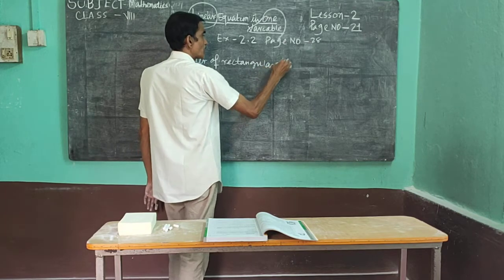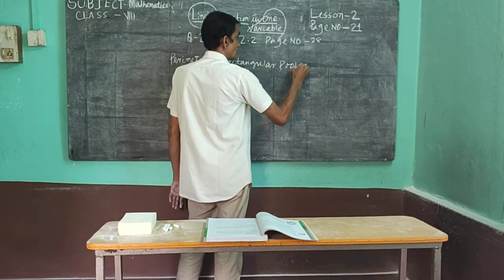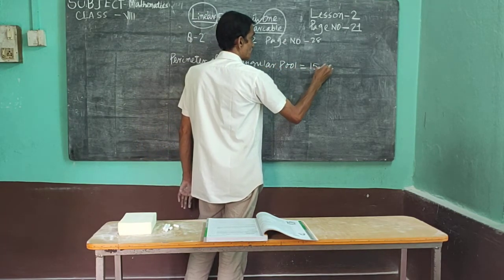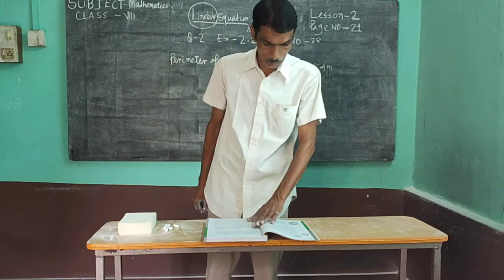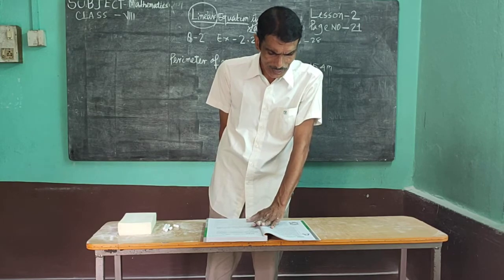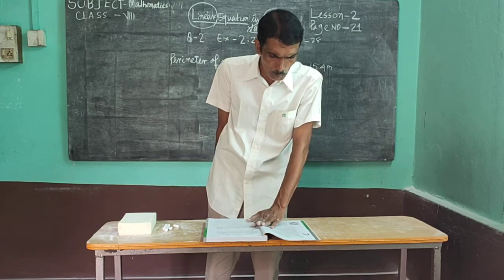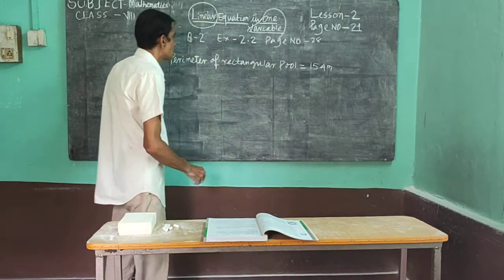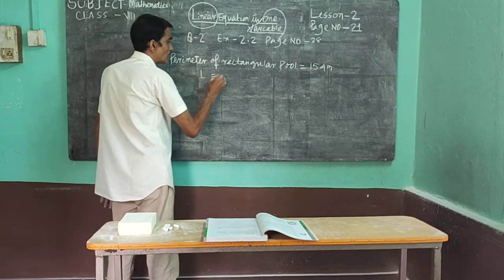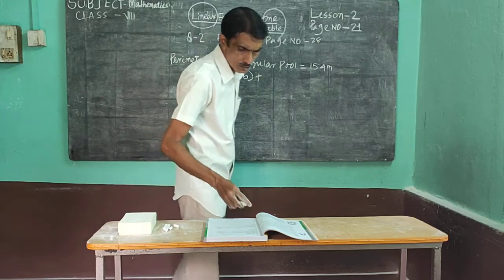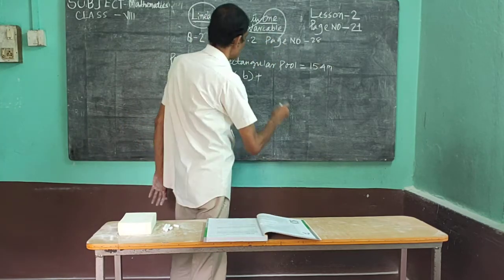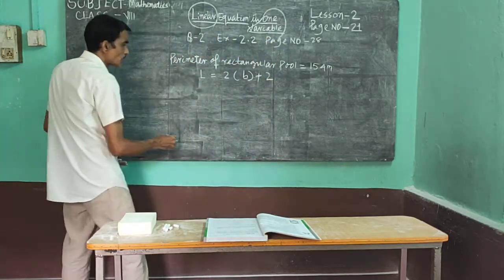But the condition is given, its length is 2 meter more than twice its breadth. The length is twice its breadth plus 2 meters.